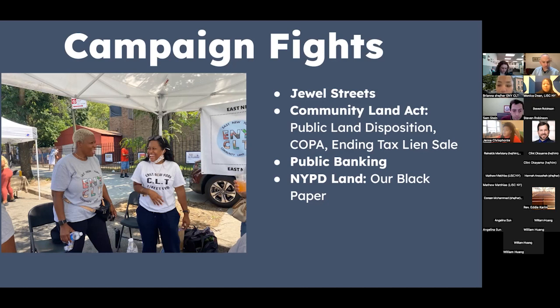Public banking would set up a public bank that the city's funds can go into. Currently, they go into private banks like Morgan Stanley, which doesn't have the best track record with Black and brown communities. And we're also fighting for the Jewel Streets area of East New York.